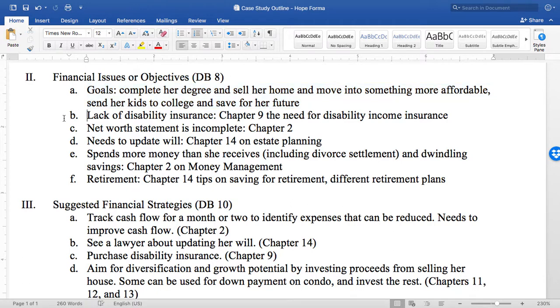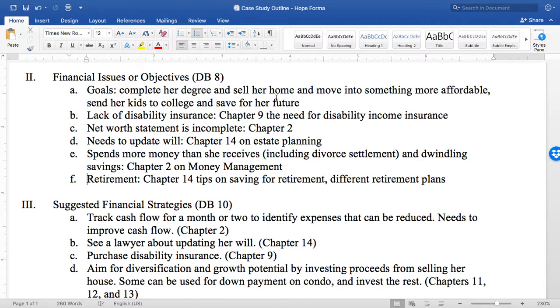And then there are some aspects of her financial situation that's missing, like she doesn't have disability insurance and she doesn't know her net worth. She also needs to update her will, and she needs to work on her money management because she spends more than she receives. With her retirement, she also needs to figure out how she can live comfortably while still supporting her kids going through college.